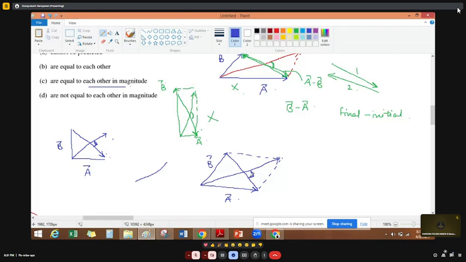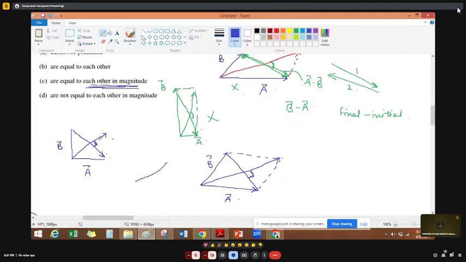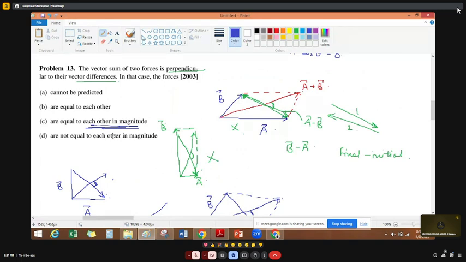Nobody remembers that? Okay, doesn't matter. As long as it is applicable for one situation, I can still choose this one. So are equal to each other in magnitude. So this is a little bit of guesswork. How can you do this in vector method itself? Anybody?